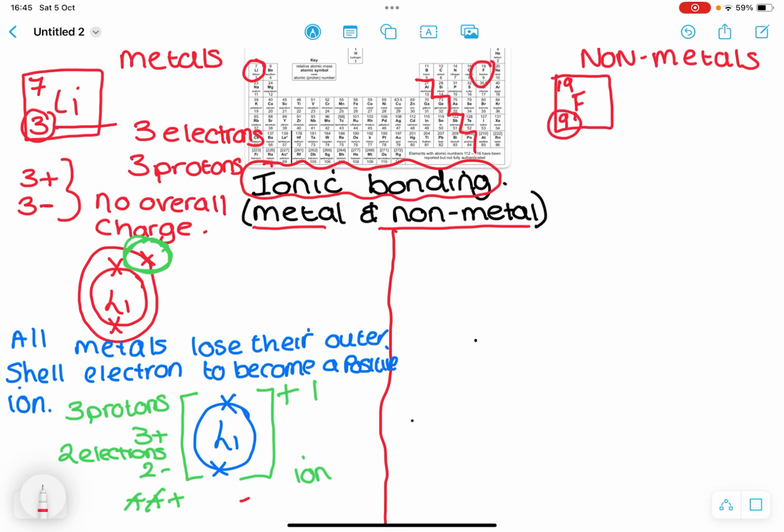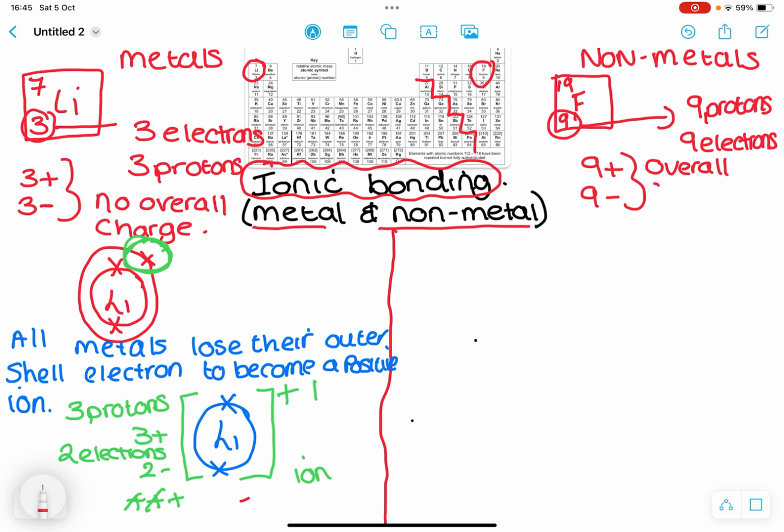This bottom number, this 9, means that we've got 9 protons and we've got 9 electrons. Okay, so we've got 9 positives and we've got 9 negatives. So overall, this atom has no overall charge.